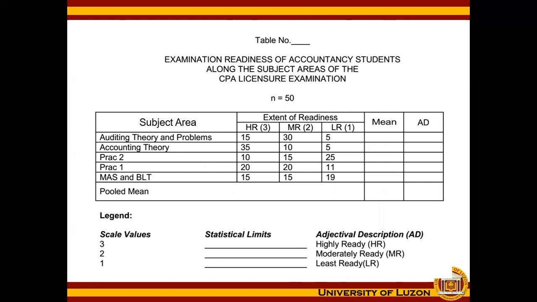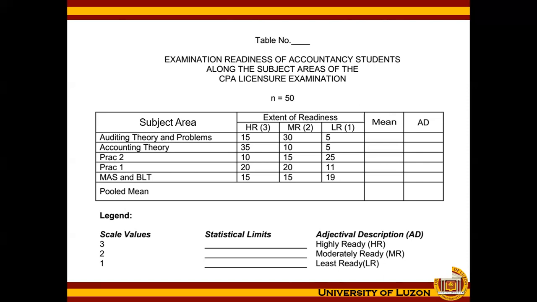So you have the table number, you have the title. Title reads: examination readiness of accountancy students along the subject areas of the CPA licensure examination. And then down below, you have your sample size, which is 50. Again, it is a sample and not population, and therefore it is in lowercase n.